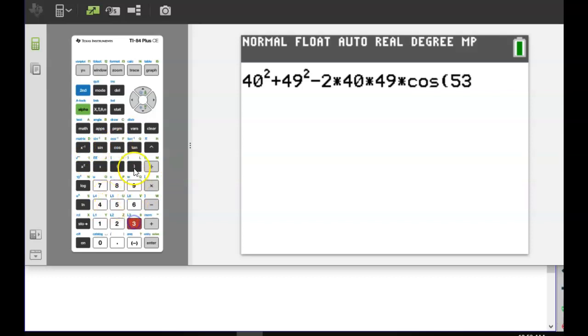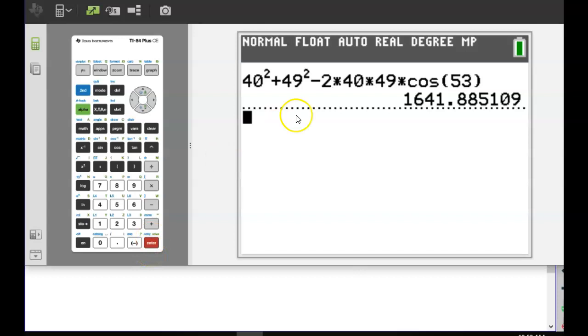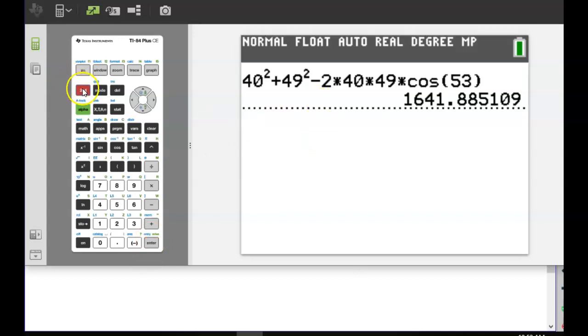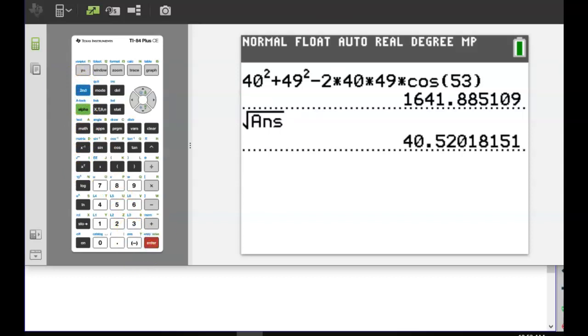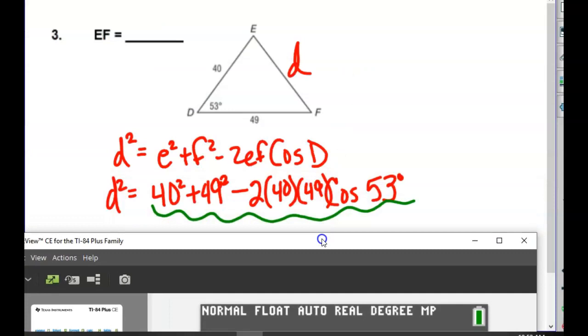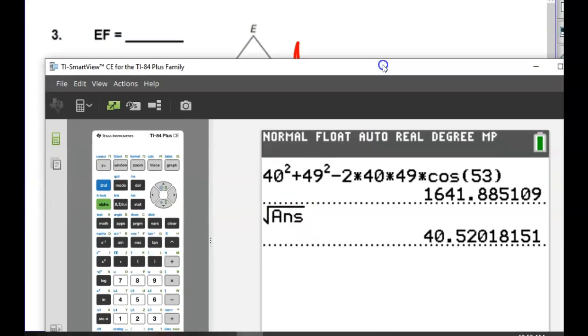Thank you. Okay, big number. Why is it such a big number? Because that's D squared, right? So then I have to square root that answer. I got 40.5. Anybody else?